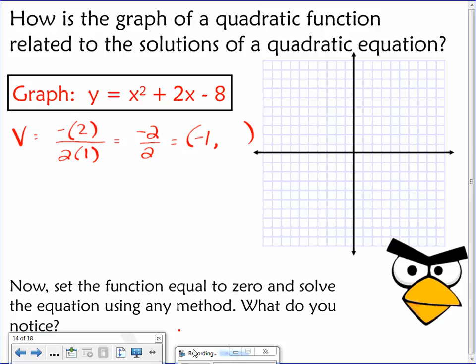So let's plug that in. And what do you get for your y value? I got -9. Make sure you get that right. Don't lose that negative. So (-1, -9).